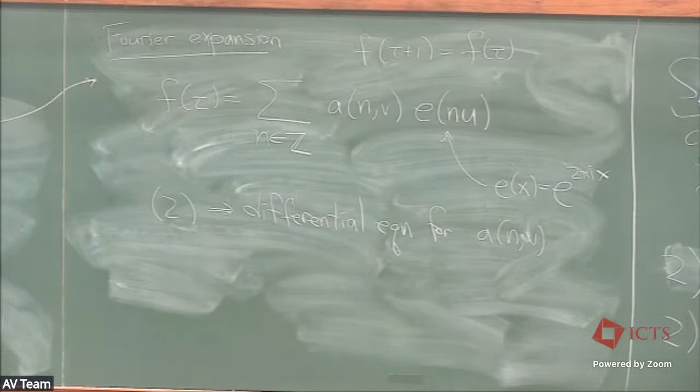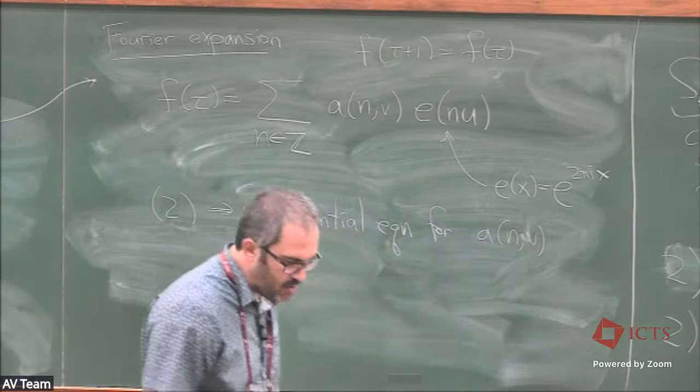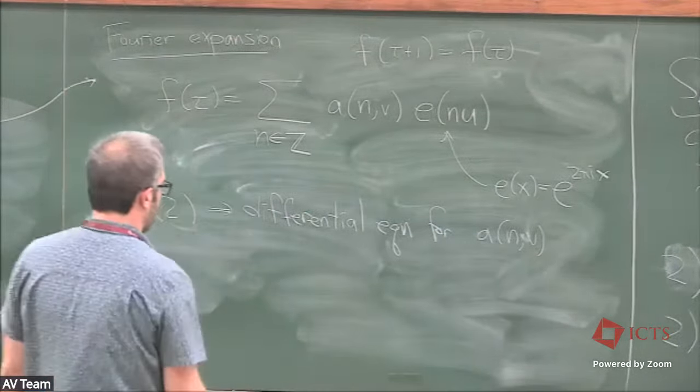I'm not going to do this in all the gory detail, but this is not too hard to check. Let's do this in the case when n is 0 and then when n is not 0.